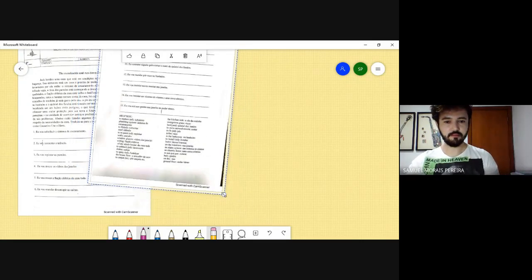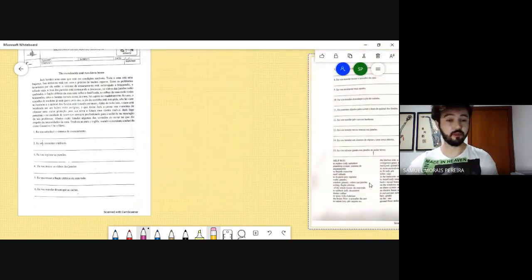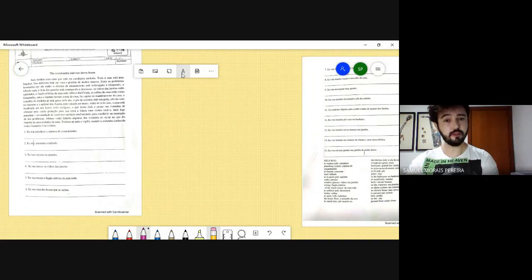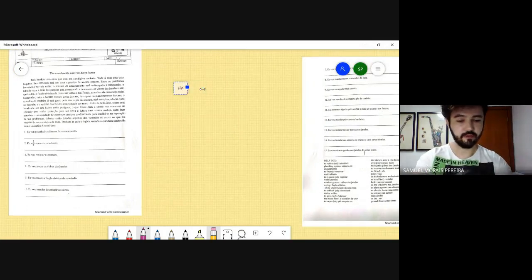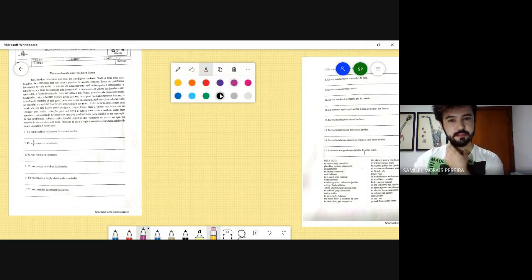I'm gonna make it a little bit smaller, and I'm gonna leave it here on the right, okay? Because I'm gonna need it. And now let's start translation, okay? So again, peço desculpas, eu vou escrever de novo aqui, ó. Have object, okay? And then past participle, because we're gonna need it, okay? So let me just change the color.